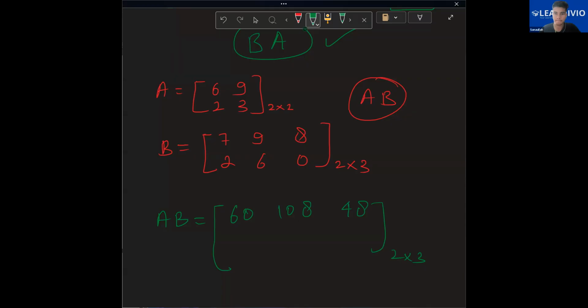Then now 20, 36, and 16. 9 times 2 is 18, and 18 plus 18 is 36. Yeah, that is enough. That is all.